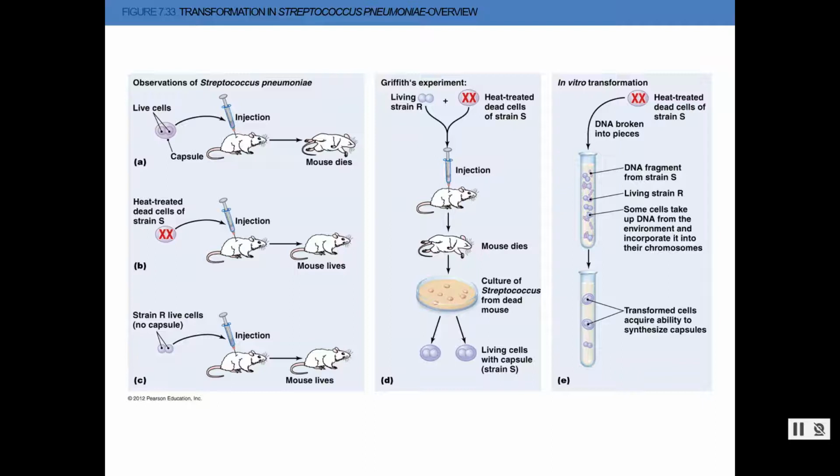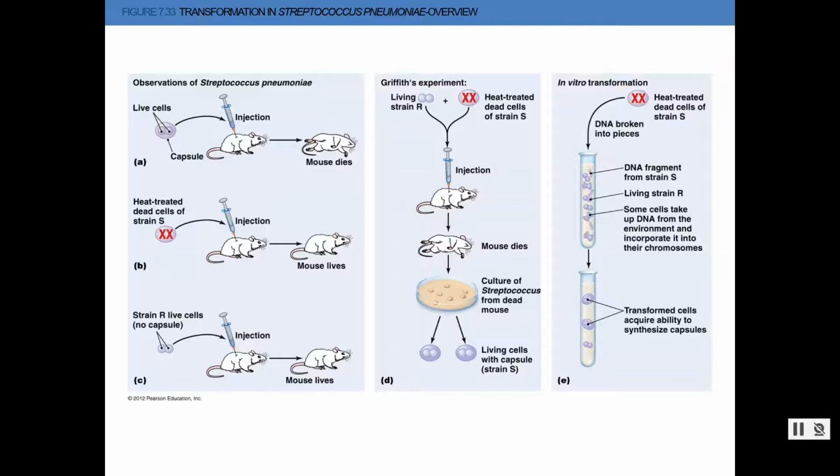So they looked different. When he looked at them under the microscope, he found the ones that produced smooth colonies had a capsule, and the ones that produced rough colonies did not. So he named the strain that had a capsule S for smooth, and the ones that didn't make a capsule were strain R for rough colonies.